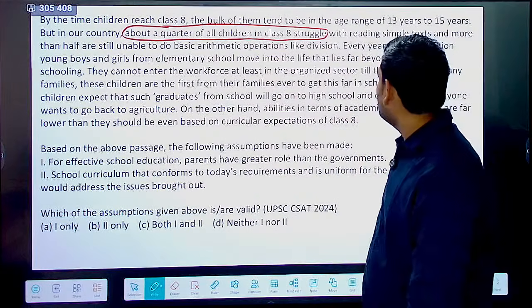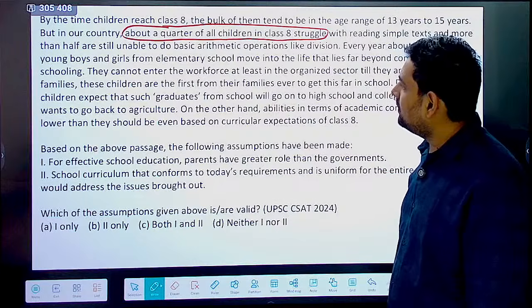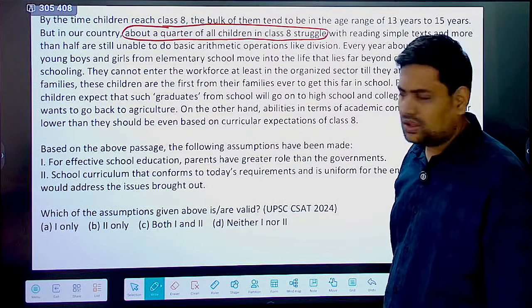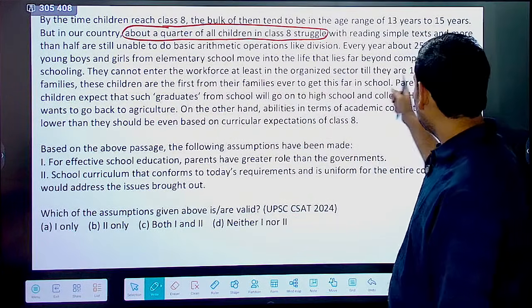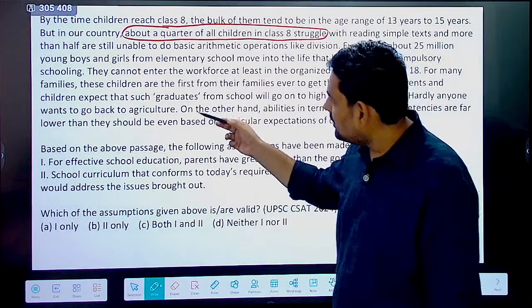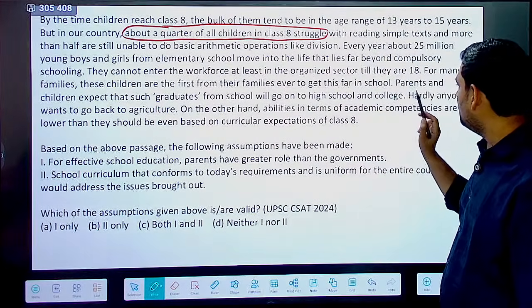Now next thing, every year about 25 million young boys and girls from elementary school move into life that lies far beyond compulsory schooling. Then they cannot enter the workforce, at least in the organized sector, till they are 18. Then for many families these children are the first from their families ever to get this far in school.